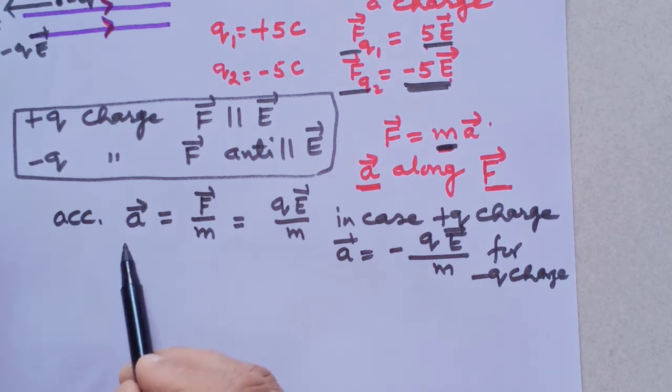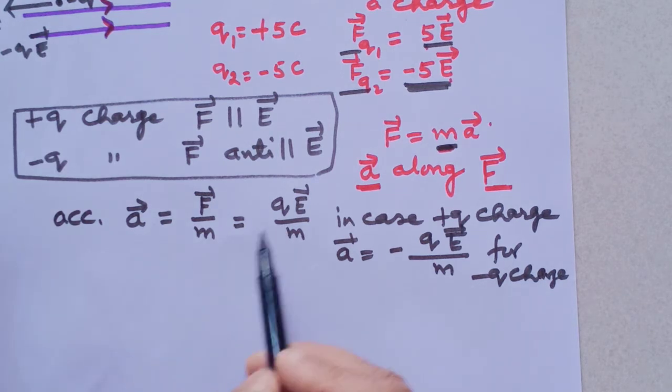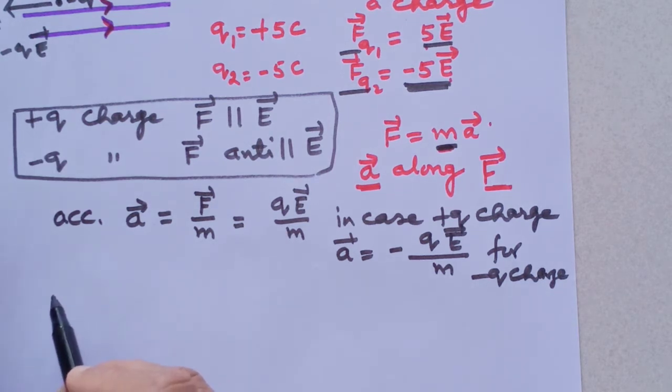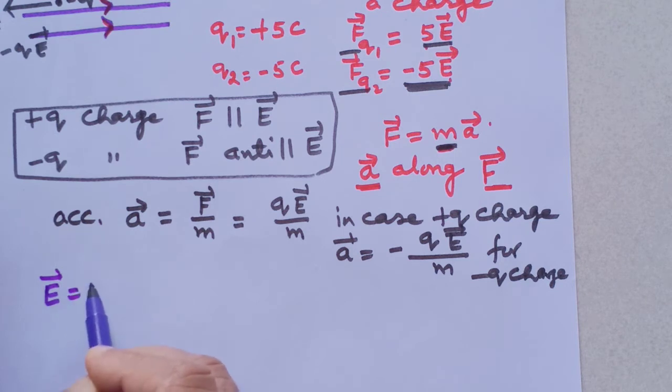So let us begin with the positive charge. Think that when there was no field, meaning the value of electric field is 0, then at that time, having mass m and charge q, the force was 0, and the initial velocity was 0.